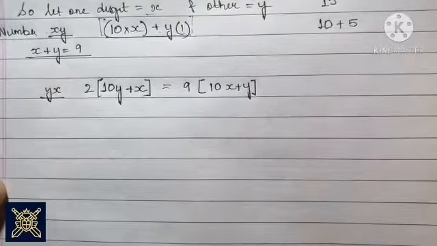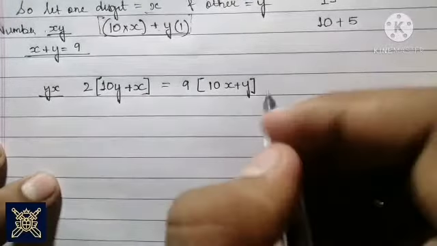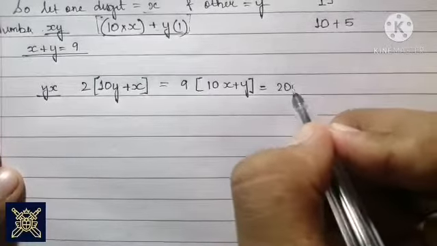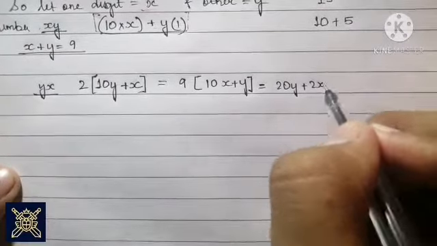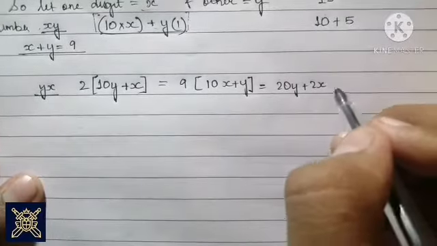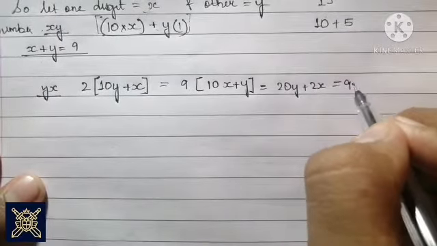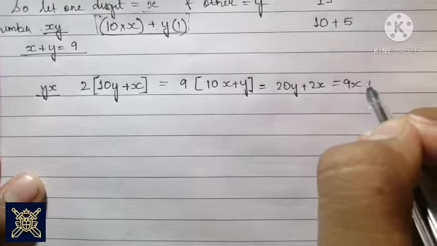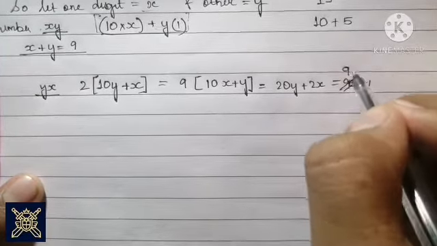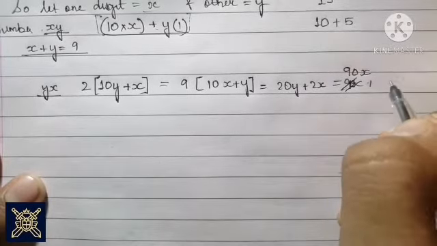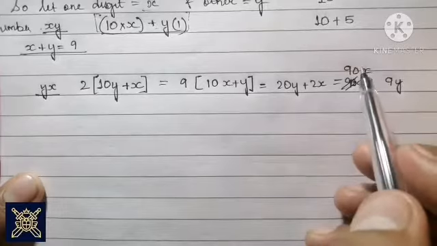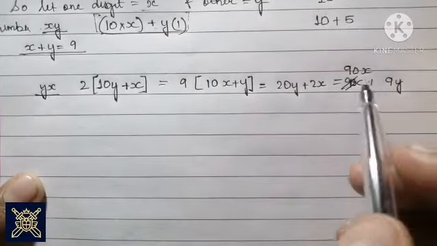So now you have two equations. You will simplify this. Upon opening the brackets, we get 20y plus 2x is equal to 9 into 10, 90x plus 9y. Now we will transpose the x to one side and y to one side.